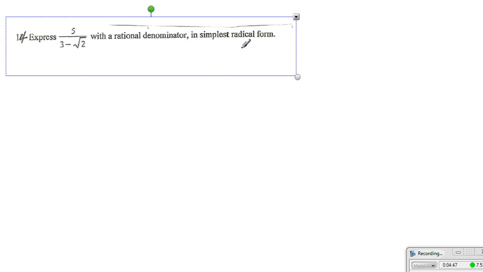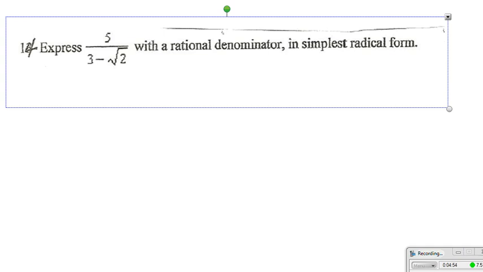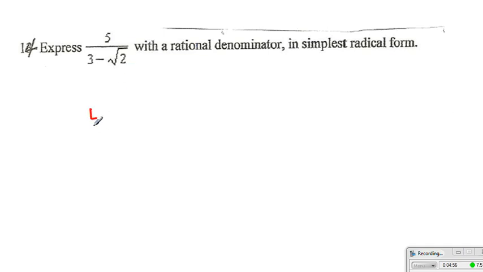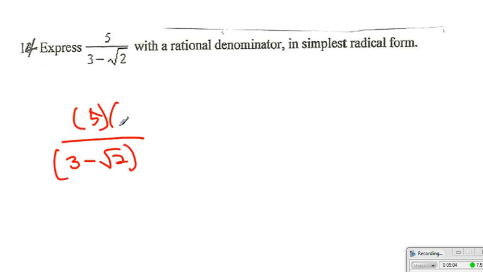Here we have rationalizing the denominator. Just like before, we have 5 over 3 minus radical 2, but we have to multiply top and bottom by 3 plus radical 2.